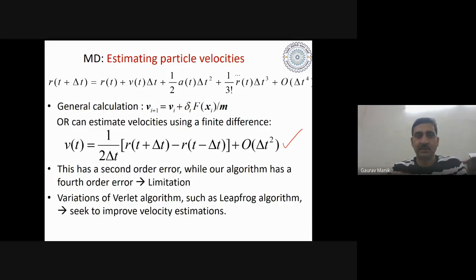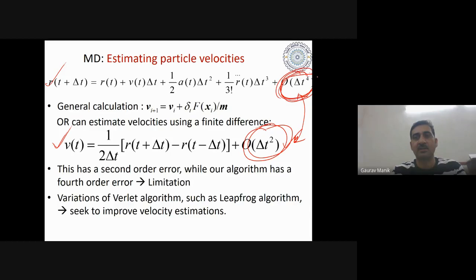Now, estimating the velocities using this, there's one concept here. Let's say you're using this equation for estimating your positions, you're working with an order of delta t to the power 4. And if you use this concept to estimate your velocities, you're working with an order of delta t squared. Now, since you have to use both of these equations, one equation is giving you a very small amount of error, because delta t to the power 4 is much smaller than delta t raised to power 2.